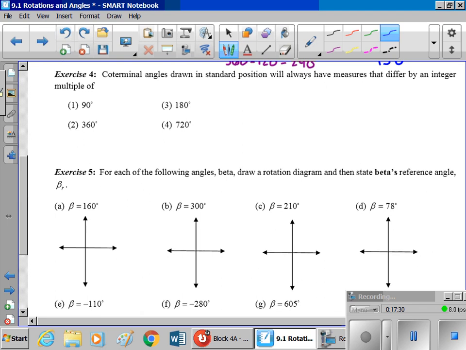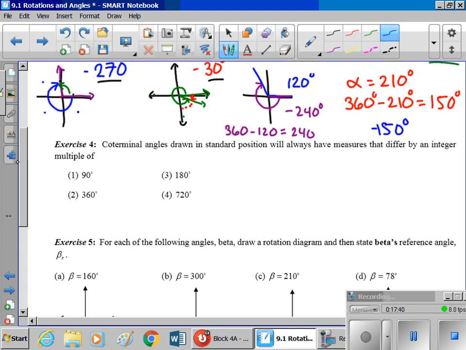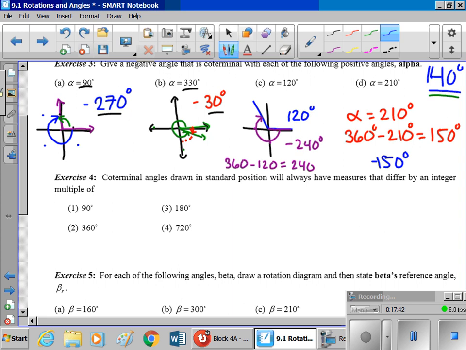All right, geometric exercise 4. Coterminal angles drawn in standard position will always have measures that differ by an integer multiple of. Okay. So these ones don't seem to differ by anything in particular. Oh, sorry, that's not true. Ignore me. These are drawn in standard position.